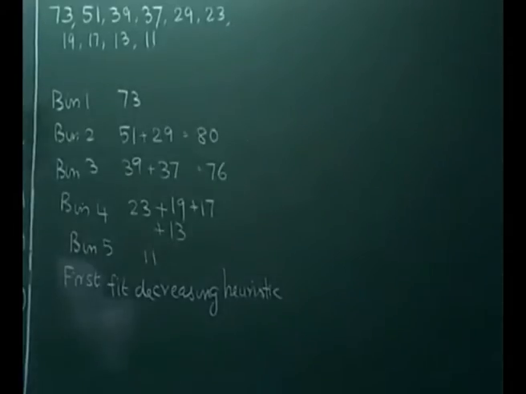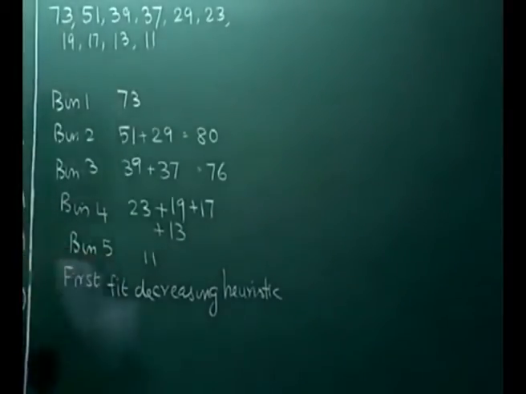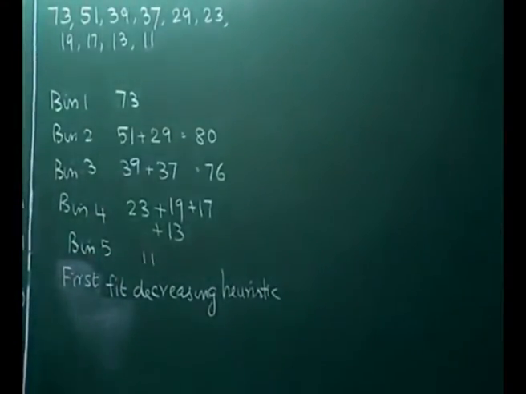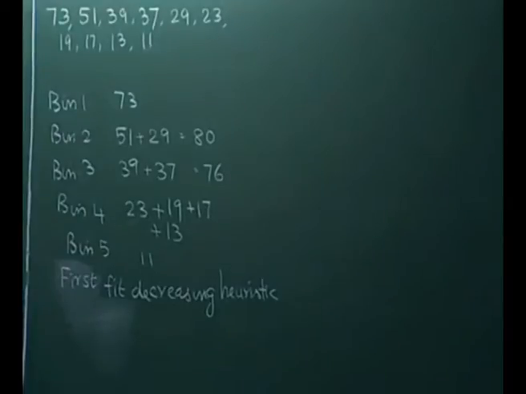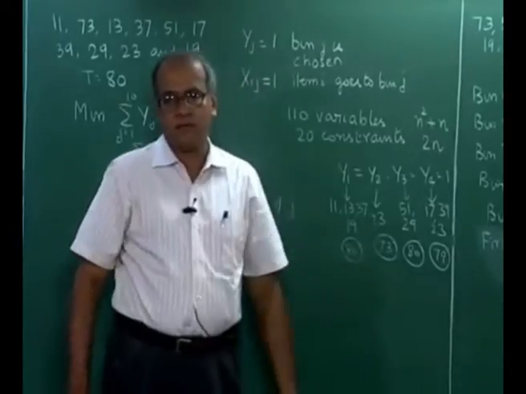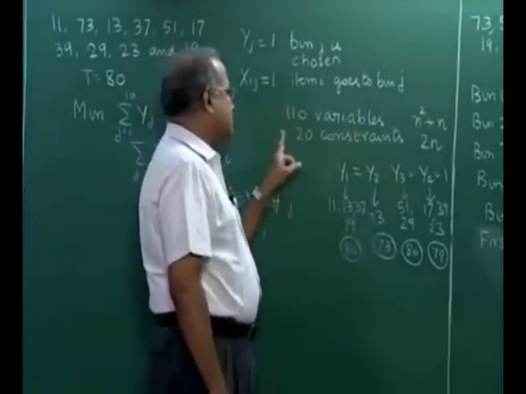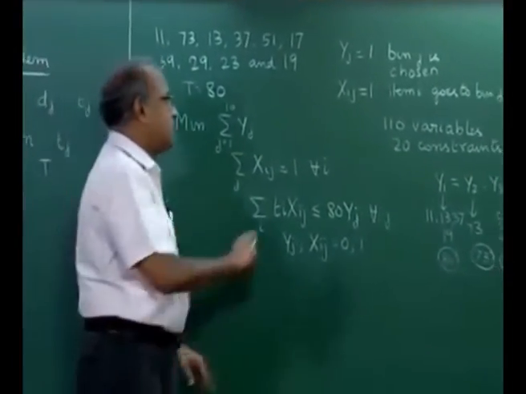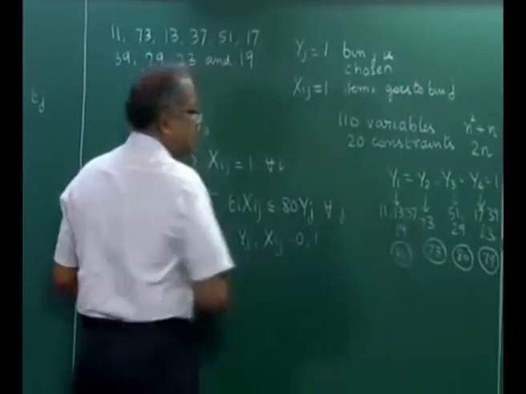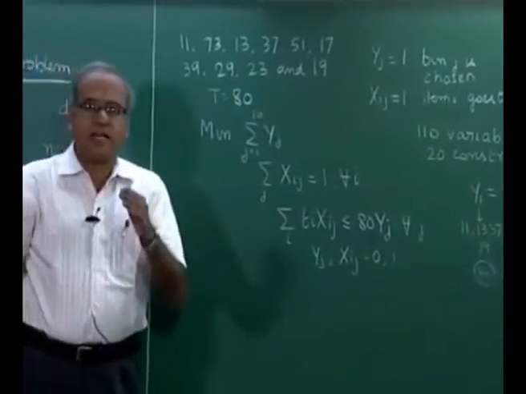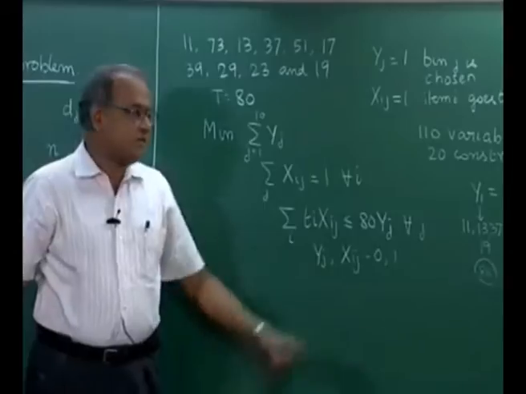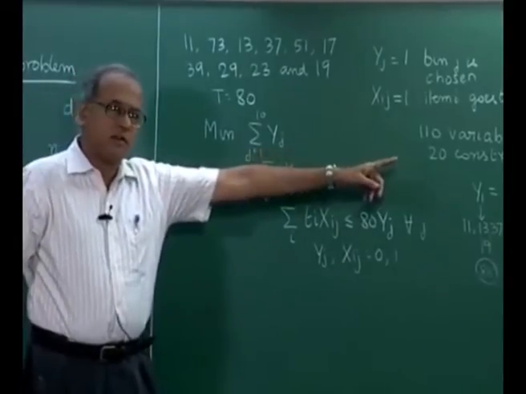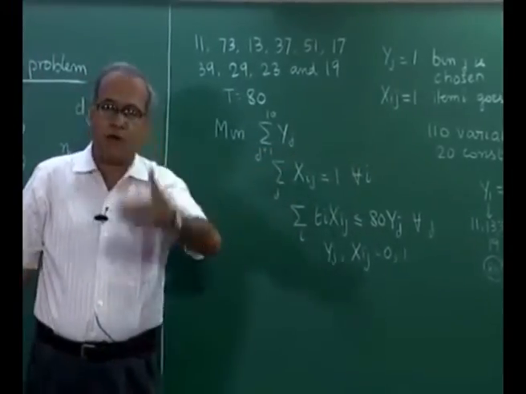So using a very simple heuristic like this, we get 5 bins, and if we still want to solve it optimally and check whether 4 is possible, then we have to come back and solve this optimization problem. But the nice thing is, we do not have to define j equal to 1 to 10, it is enough to define j equal to 1 to 4, because we already have a solution with 5.